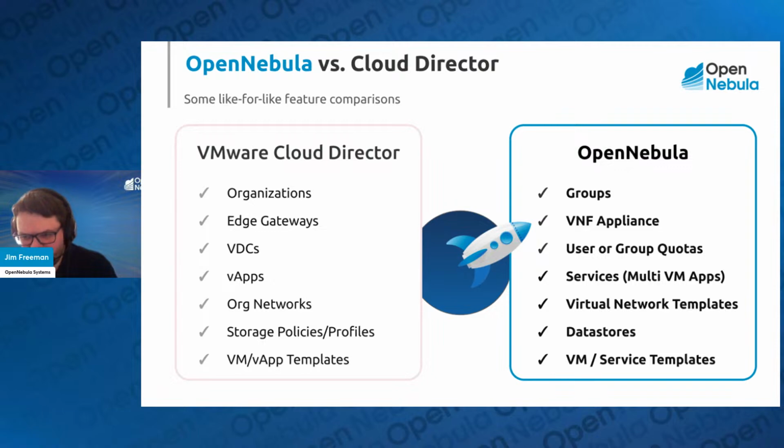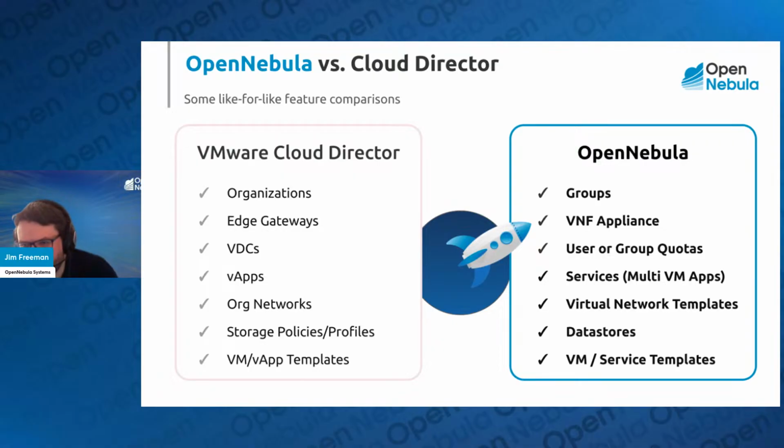The VMware VDCs, you can use quotas within OpenNebula to restrict and say that this customer or this organization or this specific user can't use more than X CPU or X RAM, X disk. Same thing for vApps.